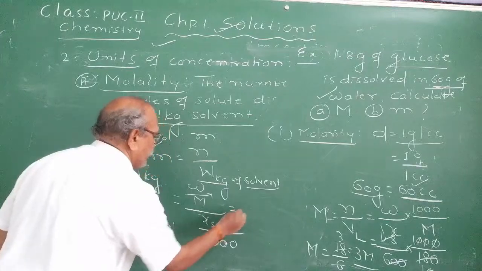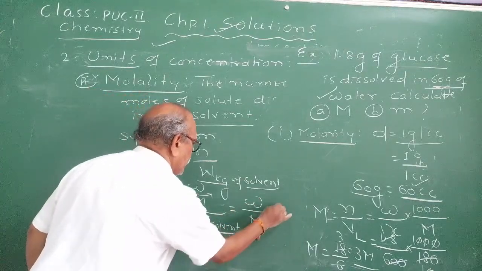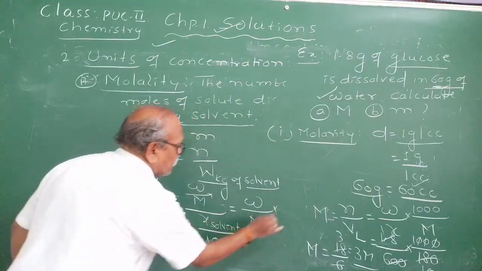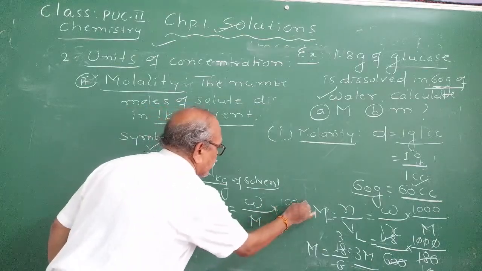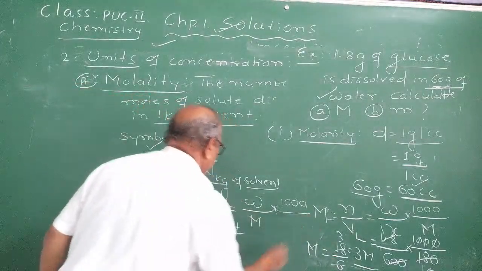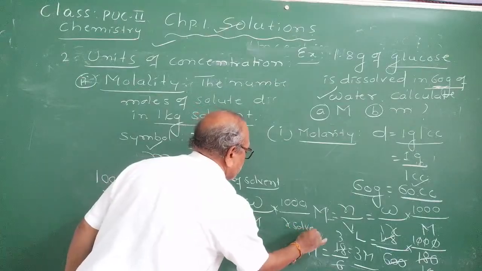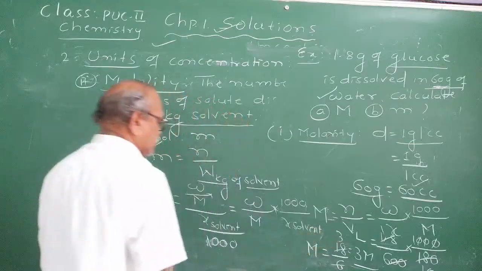You can simplify and write W upon M, and the 1000 in the denominator goes to the numerator, divided by the mass of the solvent, x grams.